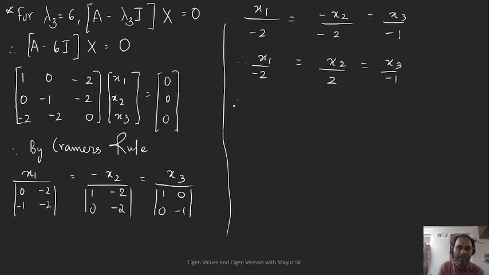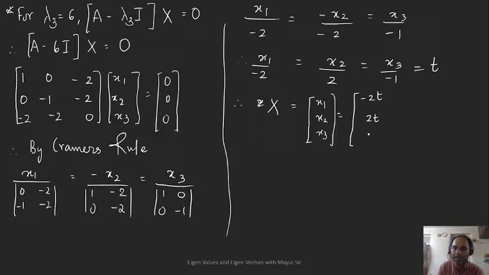And now we can put capital X, you call this as t, so capital X is x1, x2, x3, and then you have minus 2t, 2t, and minus t. So you take t outside, you get minus 2, 2, minus 1. This is your eigenvector.